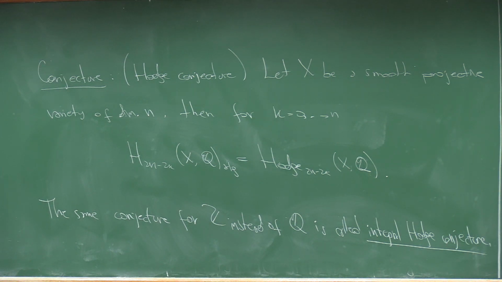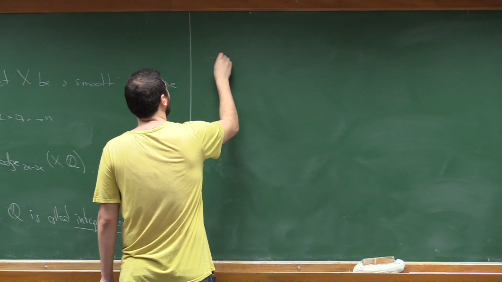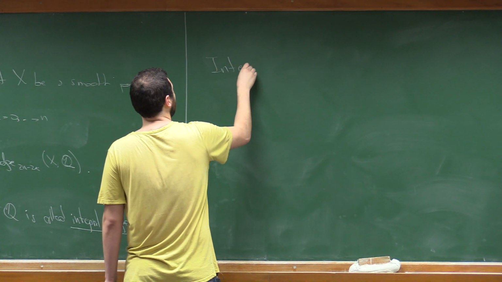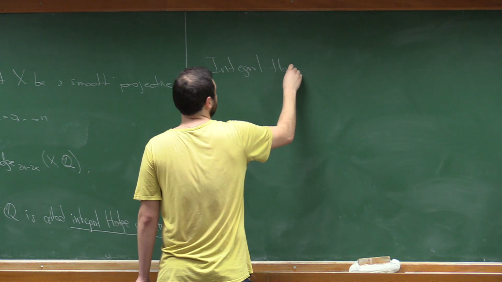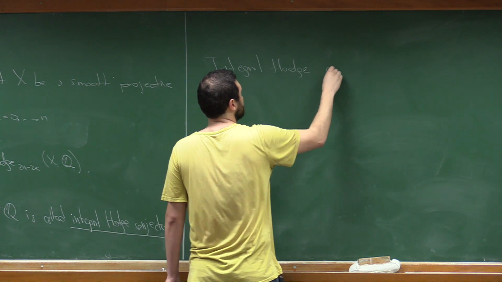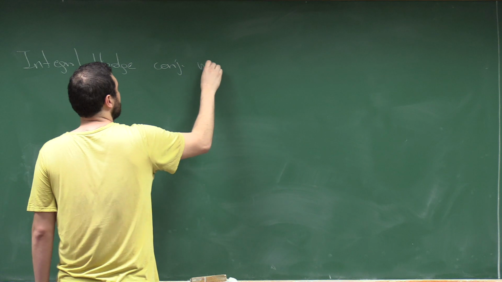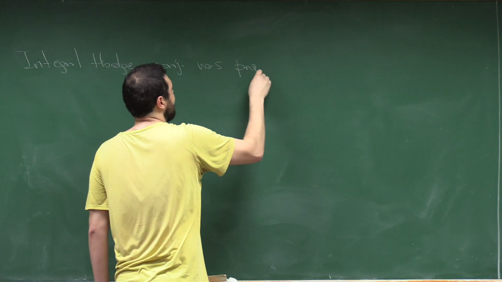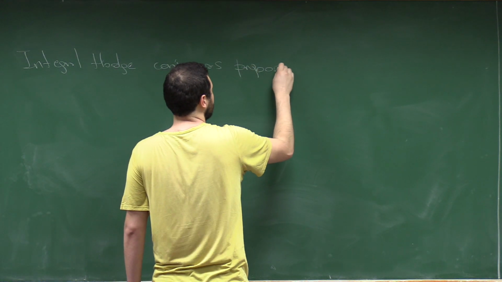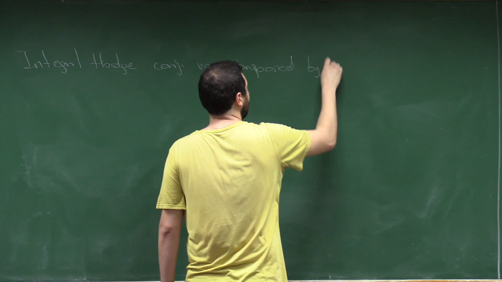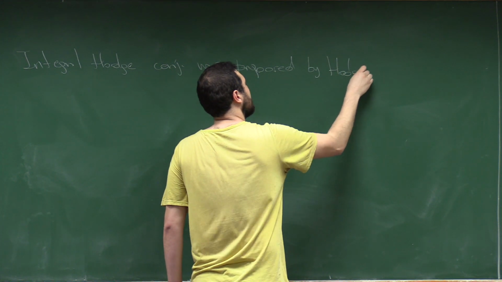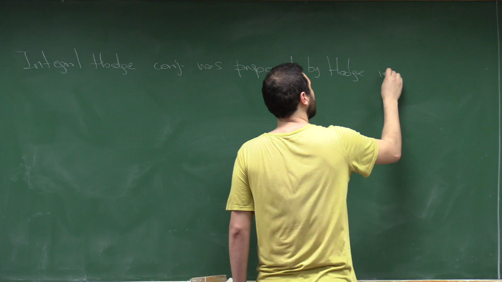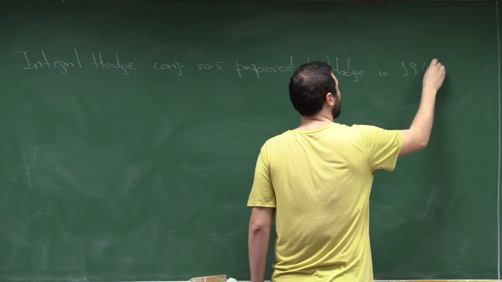So the history is like this. The integral Hodge conjecture was proposed by Hodge in 1941.